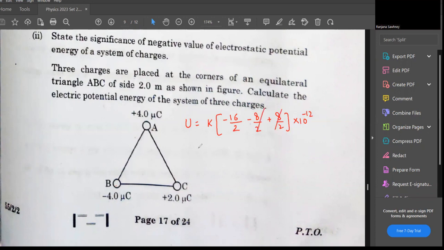This cancels out. The value of K is 9 into 10 raised to the power 9, into minus 8, into 10 raised to the power minus 12. On simplifying, we get minus 7.2 into 10 raised to the power minus 2 joules as the answer.